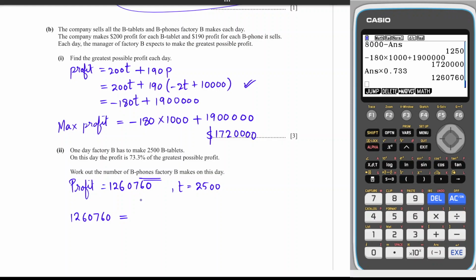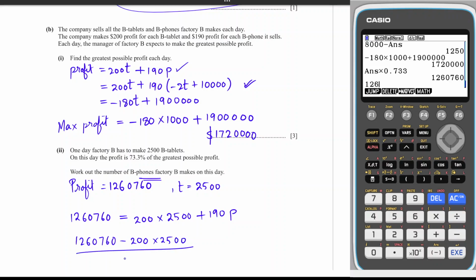This is what I need to use: 200 into 2500 plus 190 into P. So let's find out P. So it's like 1260760 minus 200 into 2500 upon 190. That will be my P.